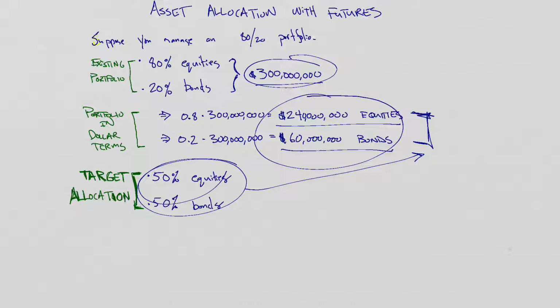And if this wasn't a long-term decision, maybe we just wanted to reduce our equity exposure because we thought we were headed into a temporary downturn, and so we wanted to reduce equities and strengthen bonds. But we didn't want to keep this target allocation forever. It was just, say, for the next 6 months.